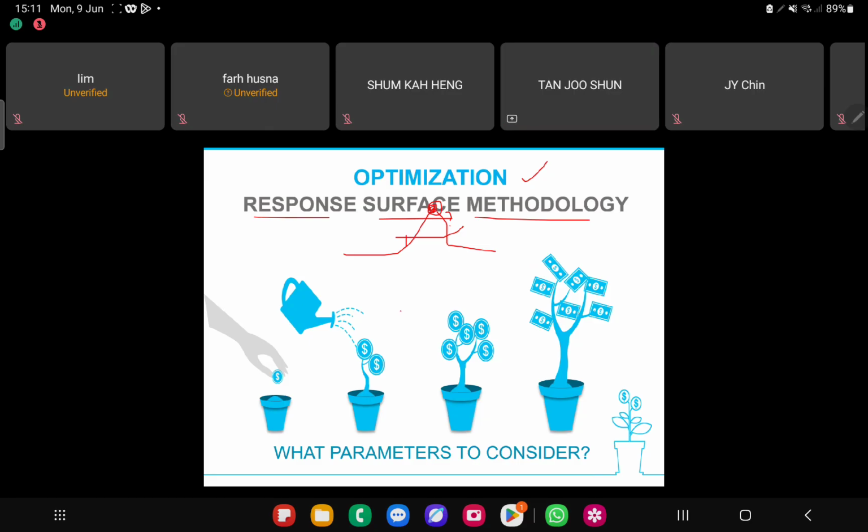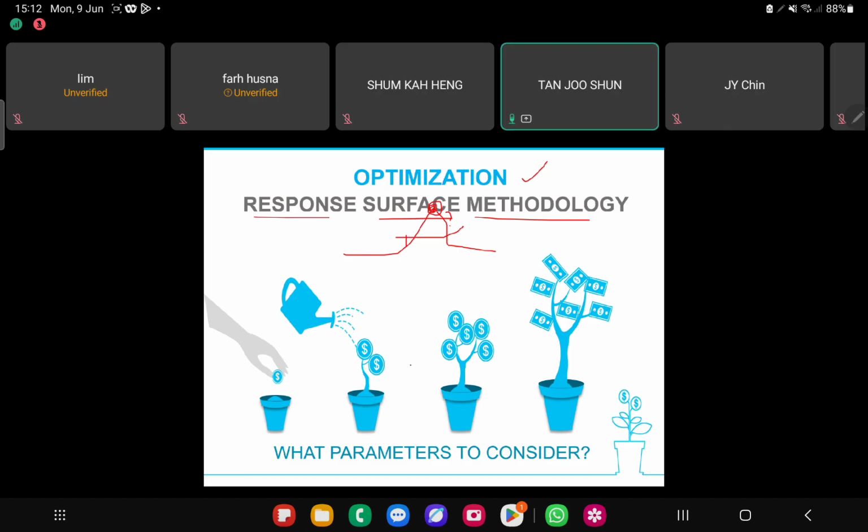But like I mentioned in the class, three-level factorial design is a very old design. We seldom use it nowadays. The current designs that we are using are central composite design or Box-Behnken design, CCD or BBD.